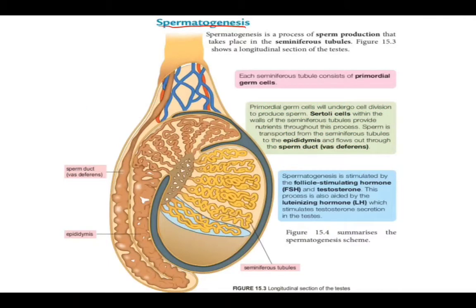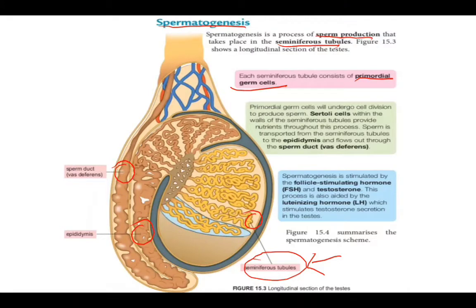This is the process of sperm production that takes place in the seminiferous tubules. This figure shows longitudinal sections of the testes. Here are the seminiferous tubules, this is the sperm duct or the vas deferens, and here is the epididymis. Each seminiferous tubule consists of primordial germ cells.